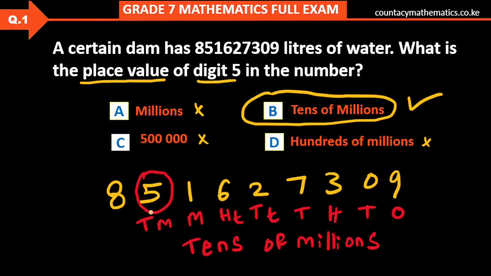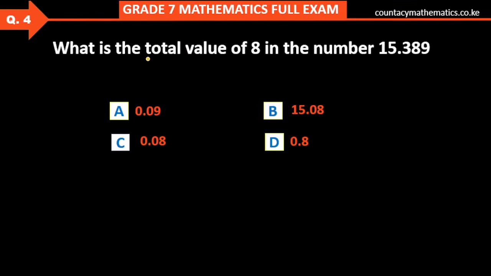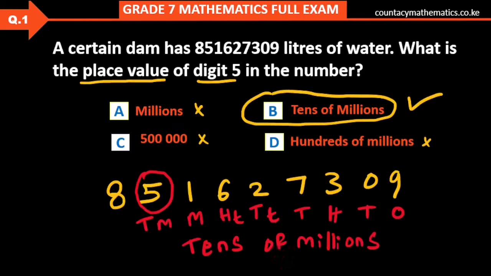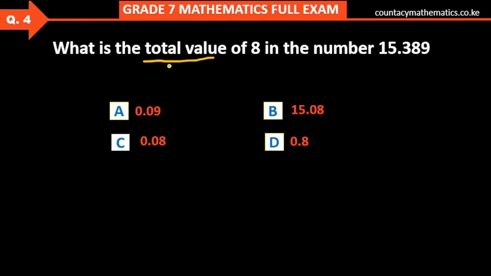This position is tens of millions. But the total value shows you the value the digit contributes to that number. Therefore, it's important to be able to distinguish between the two. The place value shows you the position of the number, but the total value shows you the value that that digit contributes to that number.